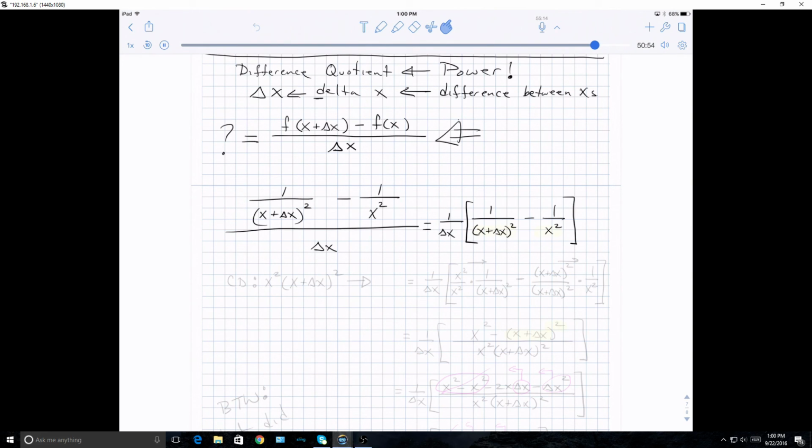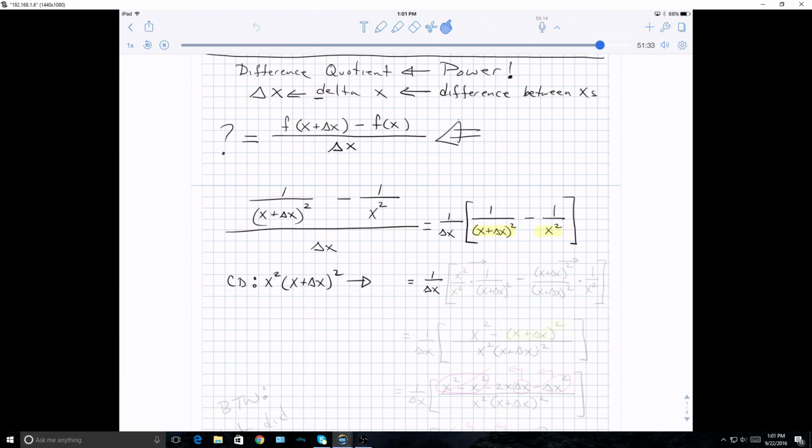And now what we need to do is combine these two rationals. And it's kind of easy to see that the common denominator in this case is simply going to be x squared times the quantity x plus delta x all squared. And that comes because this times this is the only way that you're going to figure out the common denominator. Well, by doing that, that just means that we have to multiply this now.